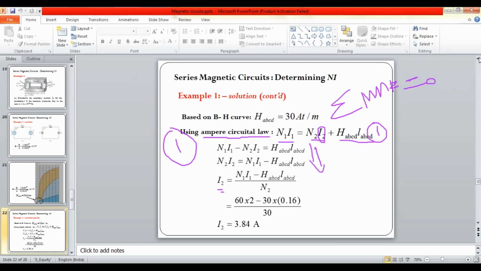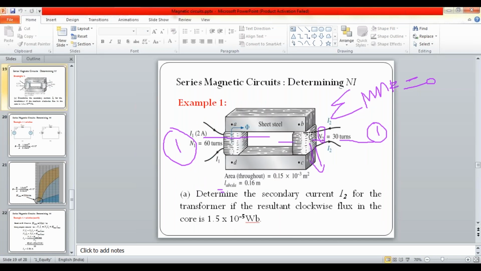Now in the circuit it is given that N1 is equal to 60 turns, I1 is equal to 2 amperes, and N2 is equal to 30 turns. I2 is the unknown value.